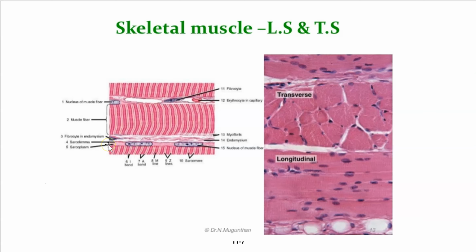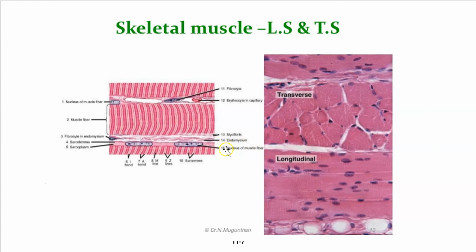Sometimes they separate while you cut the tissue sample, so they look like they're away from the muscle fiber, but in reality, in real muscles, they cover or surround the skeletal muscle fiber like the plasma membrane of the cell.